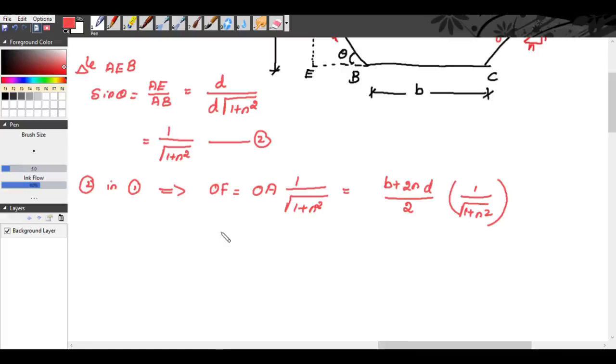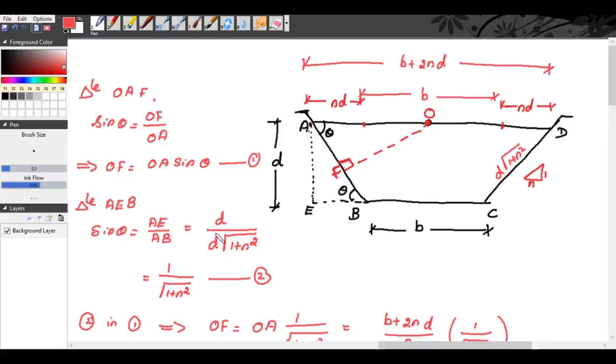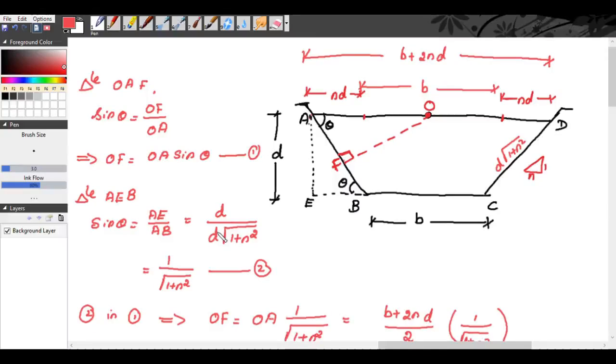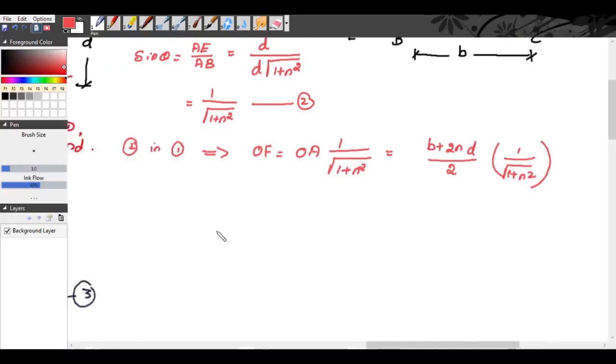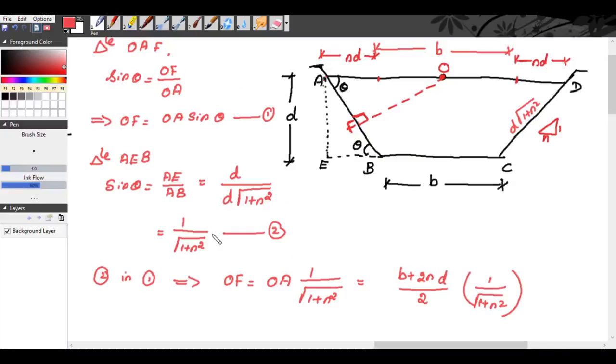Already we have obtained the value of B in terms of D. That is our condition 1. So what is our condition 1? Hope you all remember condition 1.